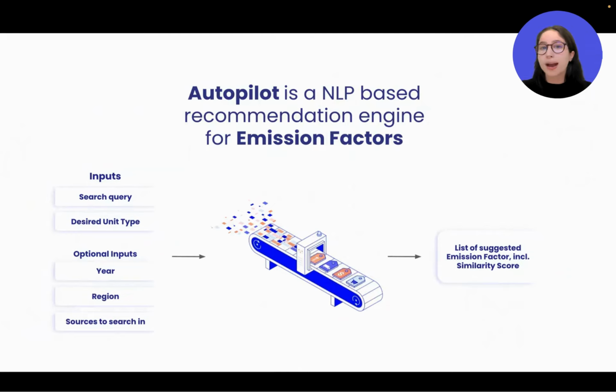You can ask the Autopilot to search specific emission factor datasets, for example UK base, XIO base, or to prioritize certain regions and years, or to only search for either spend, weight, or volume-based factors to ensure the results will fit your input data. From a data quality perspective, every chosen emission factor will have an associated confidence label titled as Accept or Review.